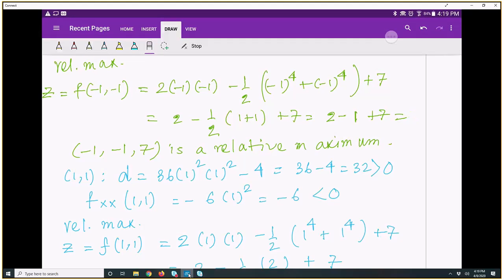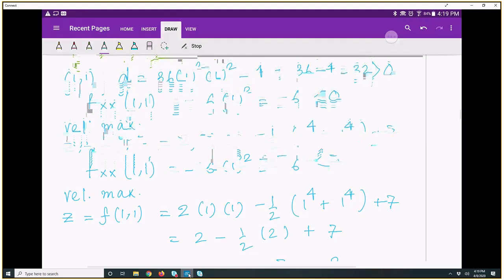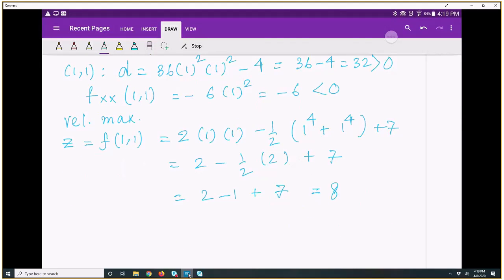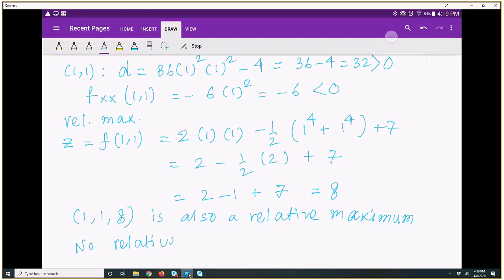I'm so sorry for making the same mistake over and over, but this relative maximum is negative 1, negative 1, 8, as well as the third critical point has given me a relative maximum at 1, 1, 8. So we found one saddle point and two relative maximums, hence there is no relative minimum for this function.